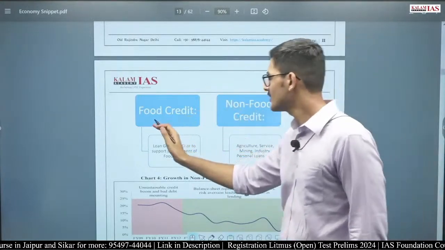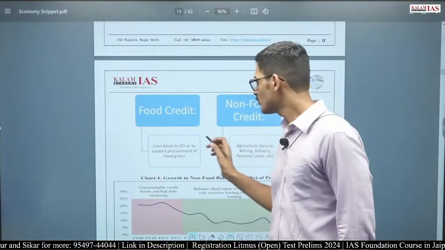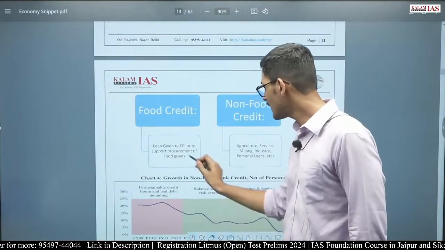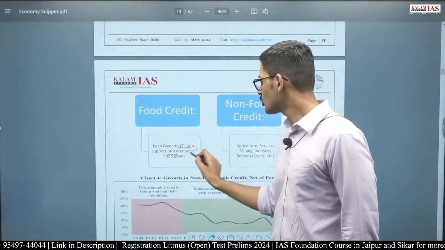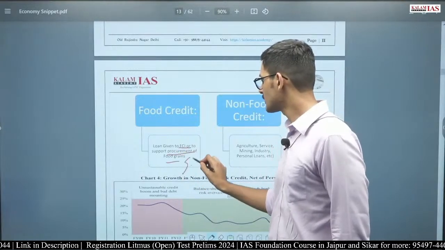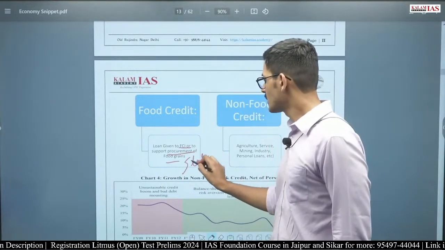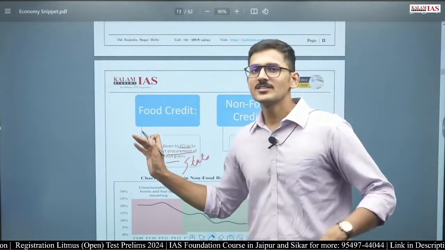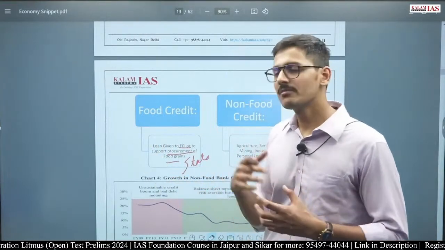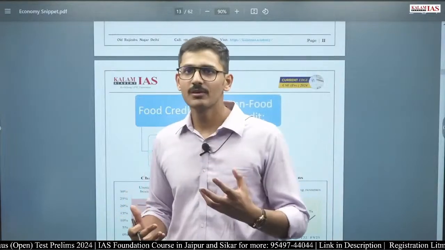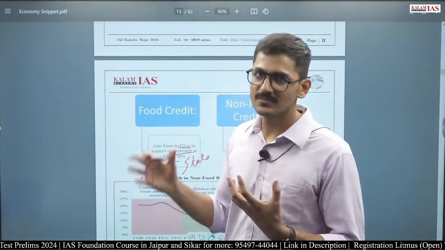So food credit is basically a loan given to the Food Corporation of India, FCI, or to state governments to support the procurement of food grains. It is a loan given by banks, whether private or public, for example SBI, HDFC, ICICI, any bank.